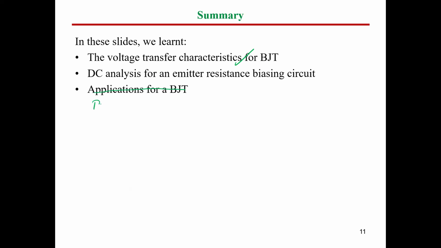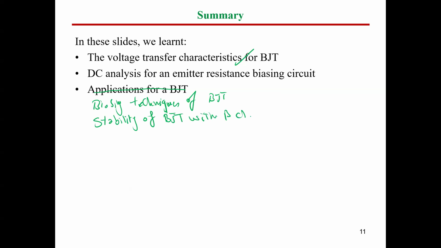So we learned the biasing techniques of the BJT, and we learned also the stability of BJT with beta changes. So this is a summary for what we have discussed today.